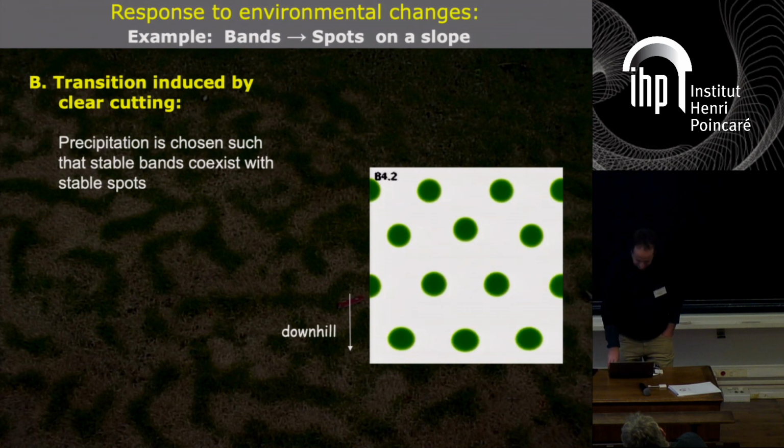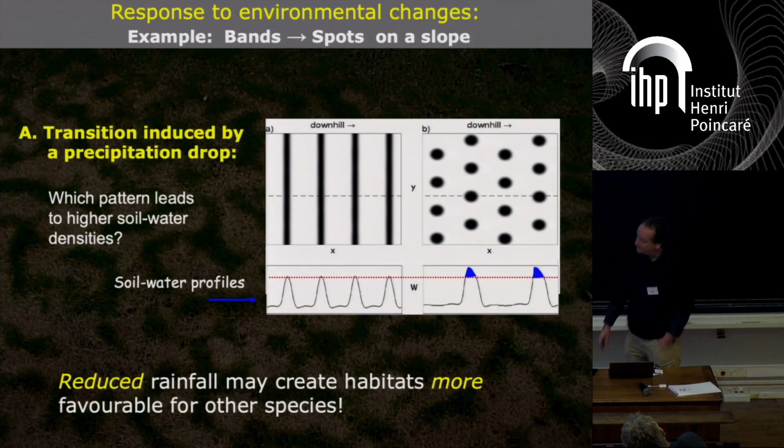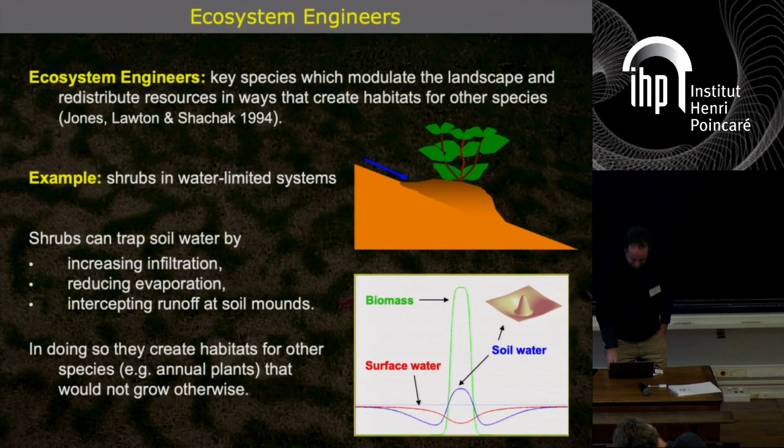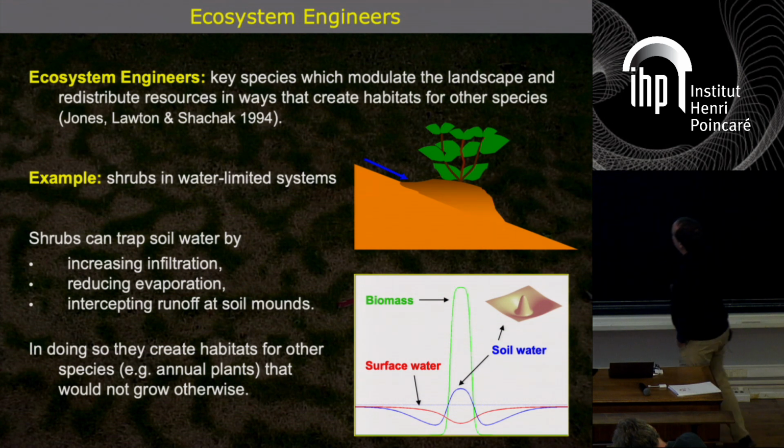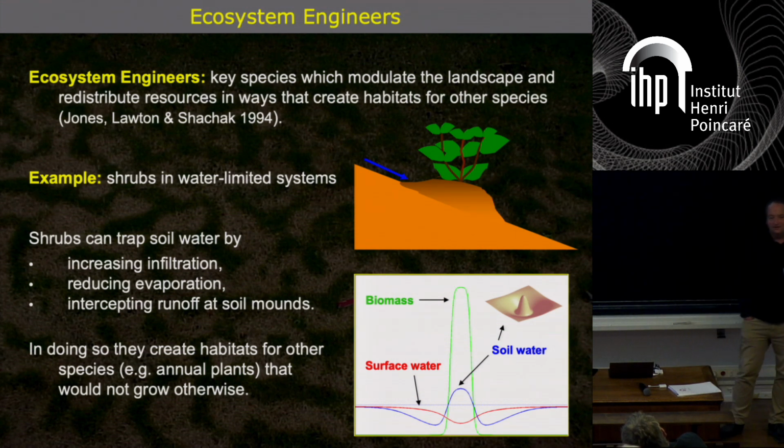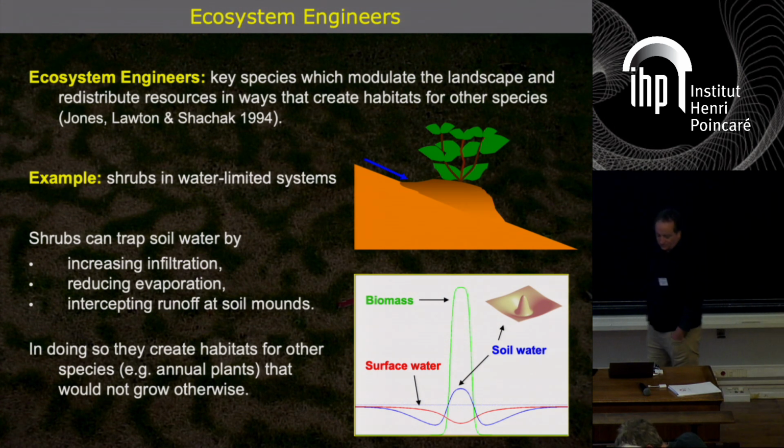Okay, so the example I showed in the earlier slide, that vegetation is able to increase the amount of water underneath itself, is an example of so-called ecosystem engineering, which is typical for some species in these areas. Ecologists have also discussed before that shrubs in desert areas may act as so-called ecosystem engineers.